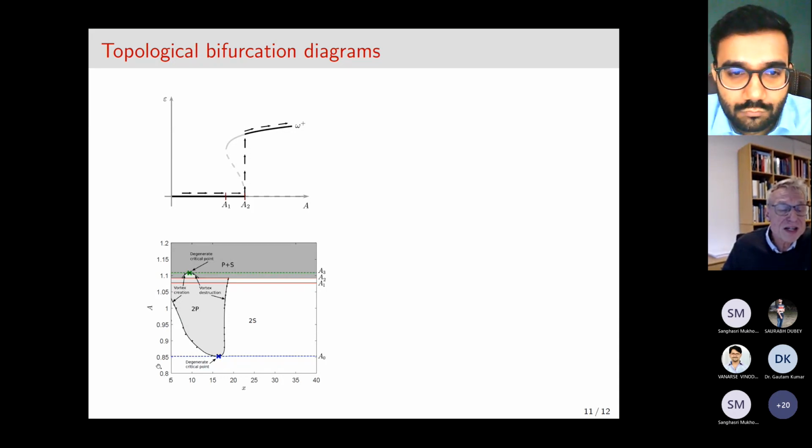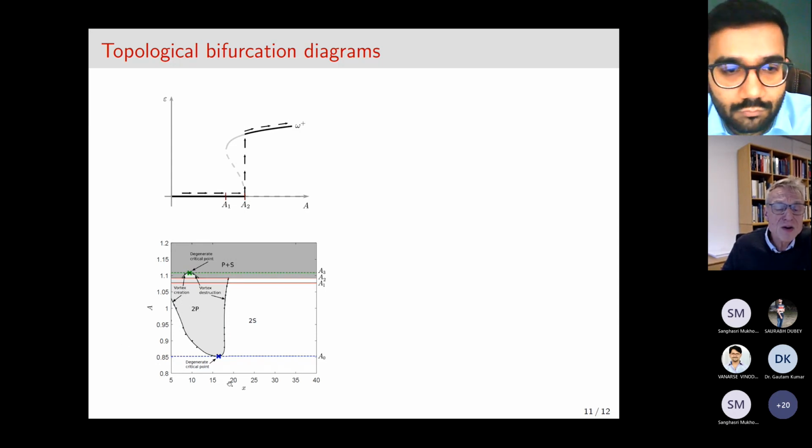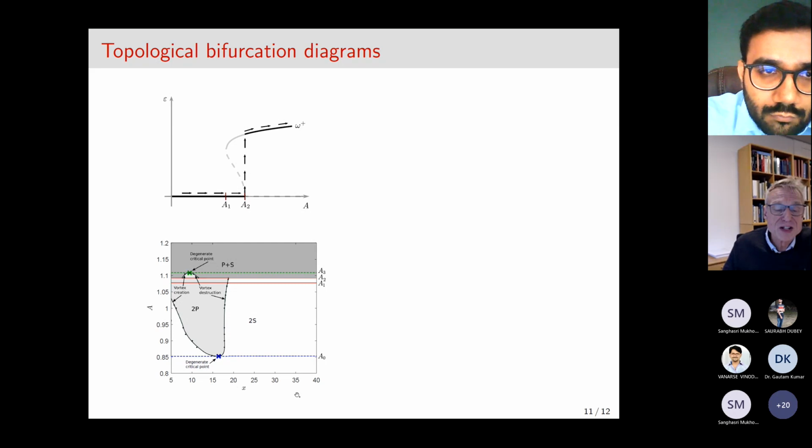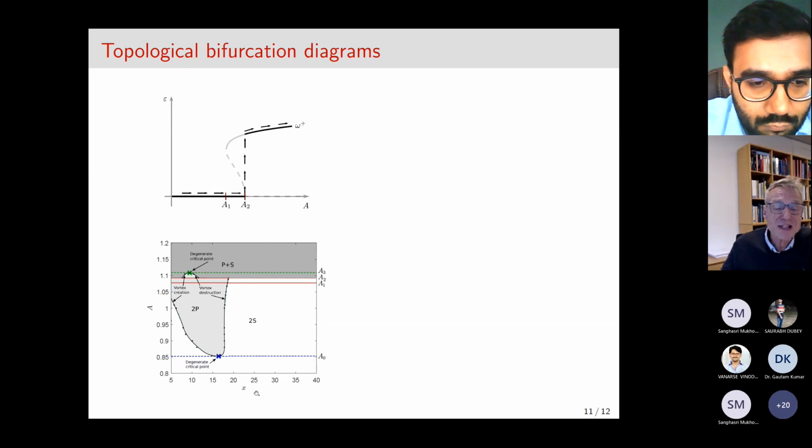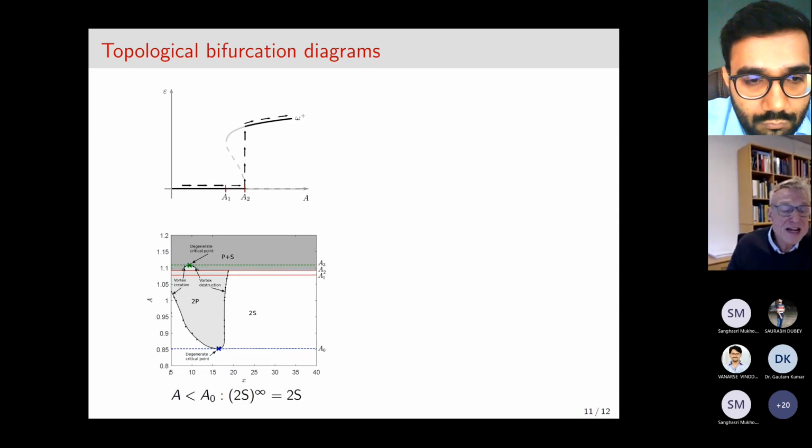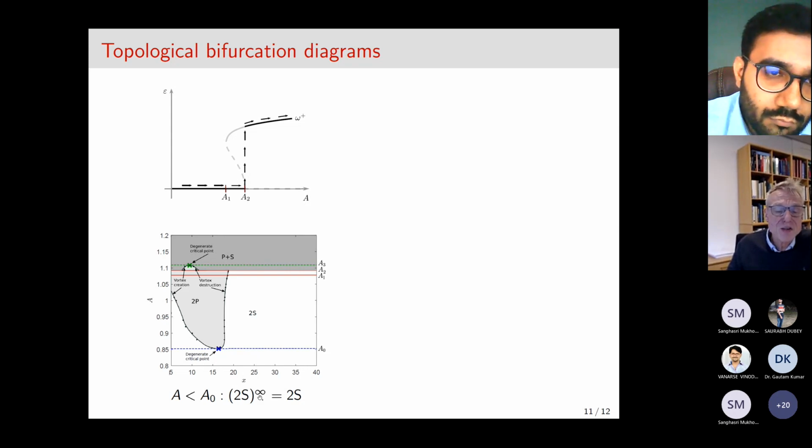So what you see here is the parameter A up here, and down here we have downstream distance from the cylinder in dimensionless variables x here. So let's start with a very low value of A, less than this point here. Then you have only single vortices being shed, two single vortices being shed through every period.